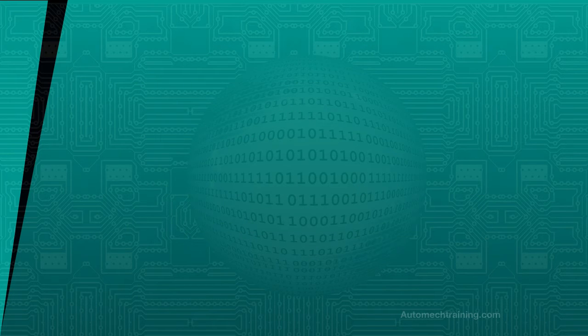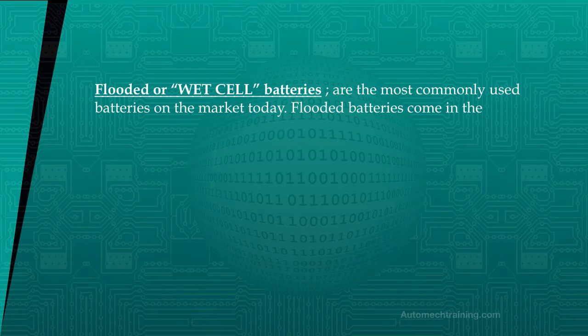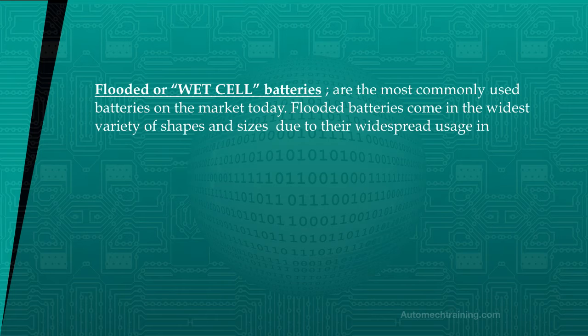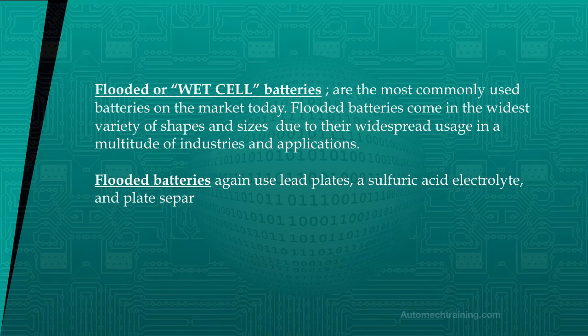Flooded or wet cell batteries are the most commonly used batteries on the market today. Flooded batteries come in the widest variety of shapes and sizes due to their widespread usage in a multitude of industries and applications. Flooded batteries again use lead plates, a sulfuric acid electrolyte, and plate separators, but that is where the similarity stops.